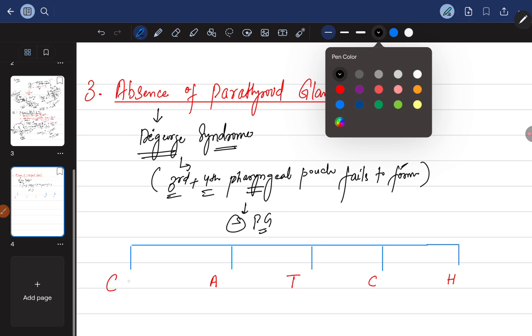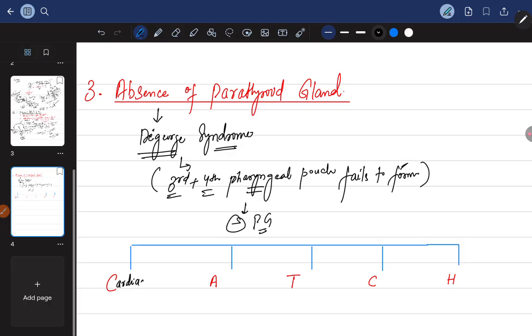So first of all, there will be cardiac defects. Okay, second, anomalous face, there will be face deformity. Third, thymic hypoplasia.